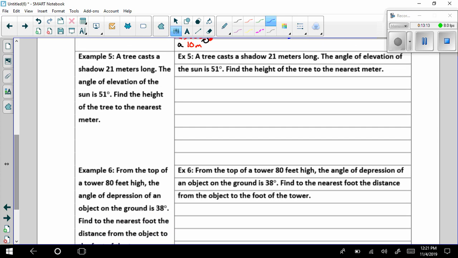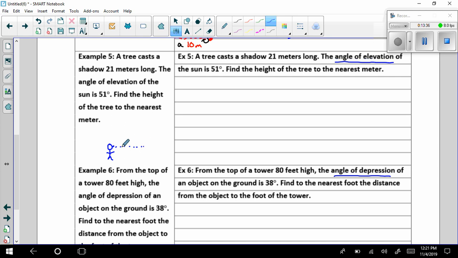The last two I'm going to have you try on your own, but I want to talk about one thing real quick. You'll see these terms, angle of elevation and angle of depression. The terminology sounds different, but it's doing the same thing. So an angle of elevation, I kind of talked about earlier, it'd be like if you were standing and looking straight ahead.